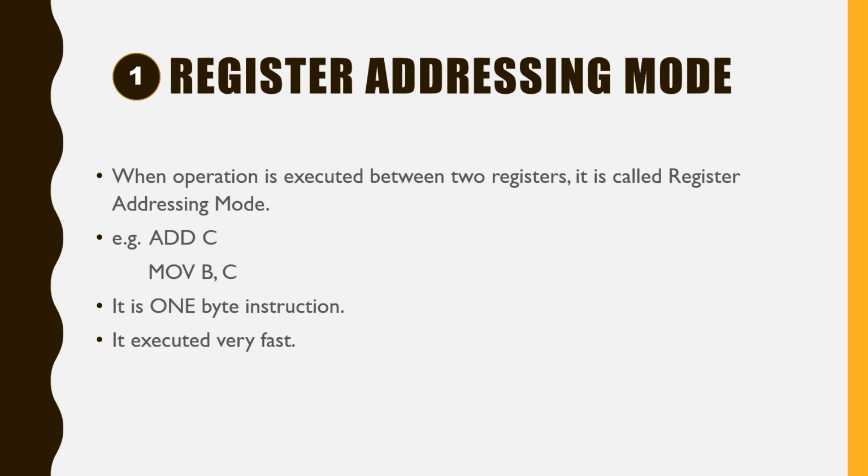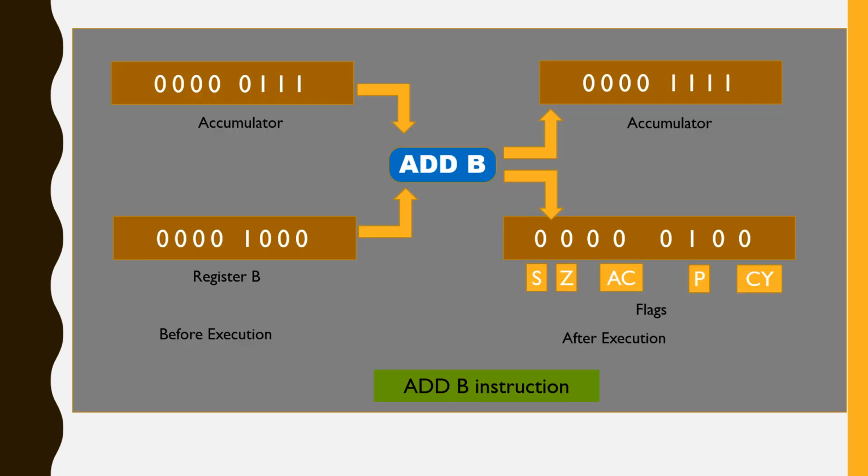Here I have taken one instruction. The ADD B instruction is a register addressing mode instruction. Here B is the source register, and this register B is added with the accumulator.